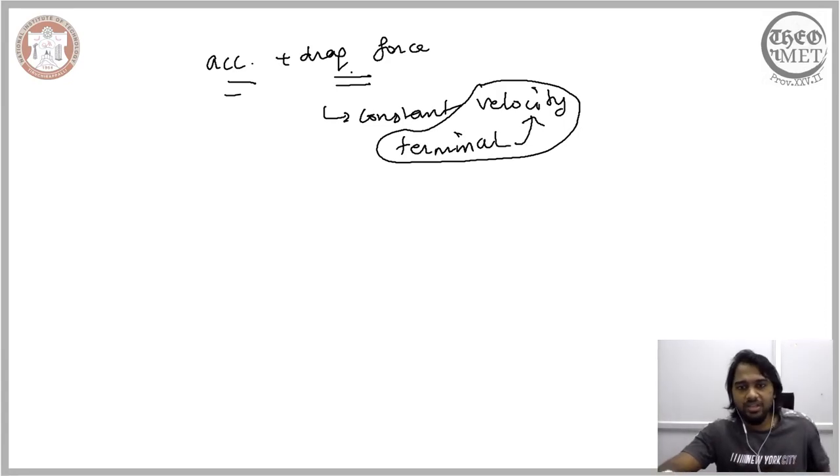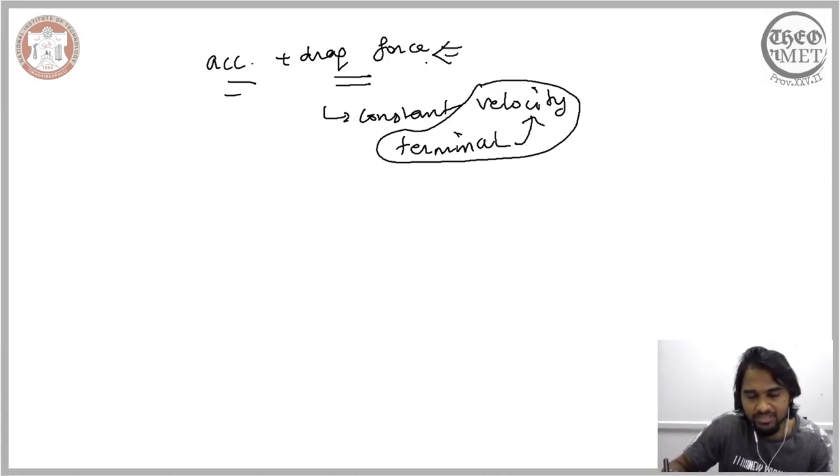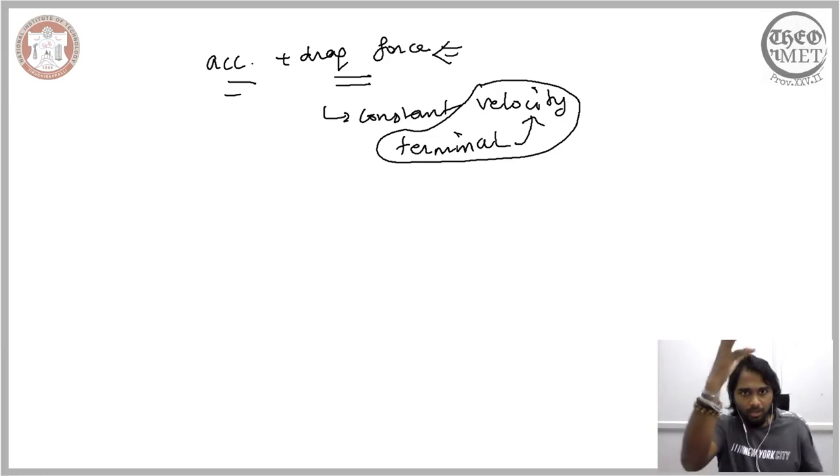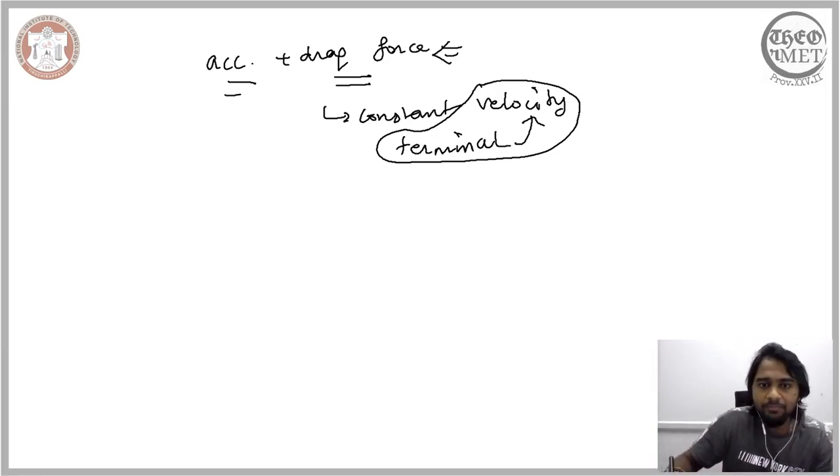Now, in order to understand the theory behind how these drag forces are imposed on particles falling across a given medium, let us consider particles propagating at two different velocities.